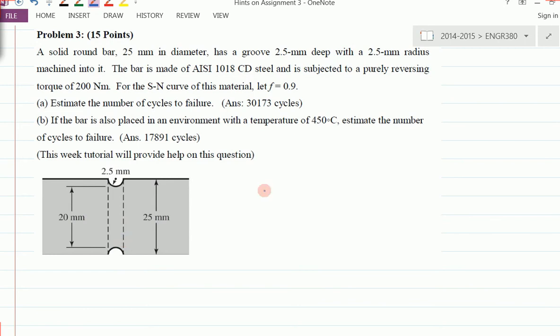The first step is to get Se prime. The question gave you this material, and you look up Sut from the table: it is 440 MPa, so Se prime is 220 MPa here.